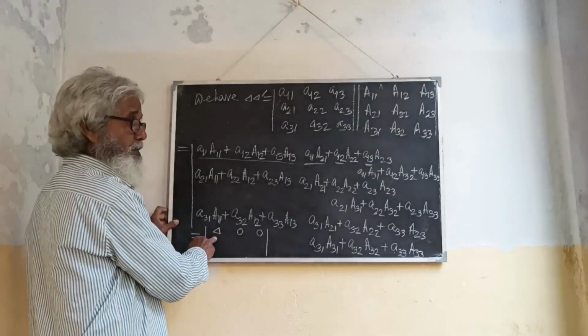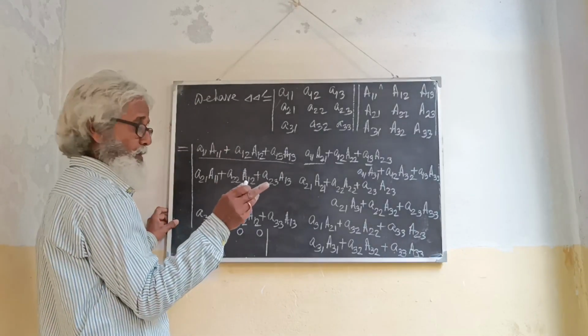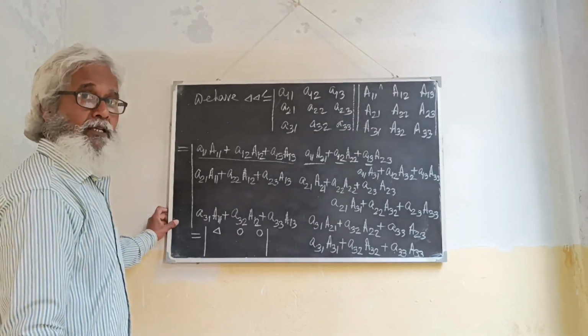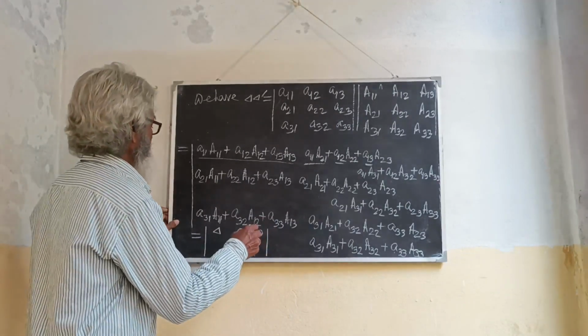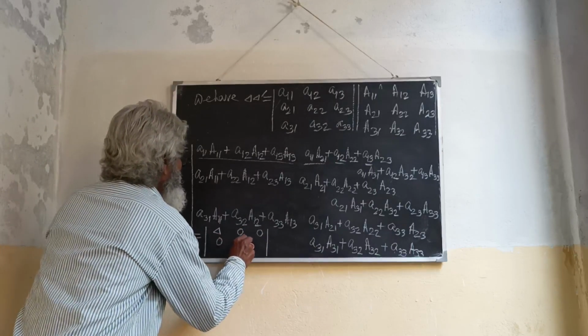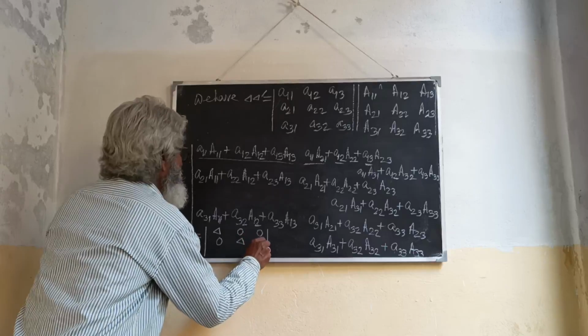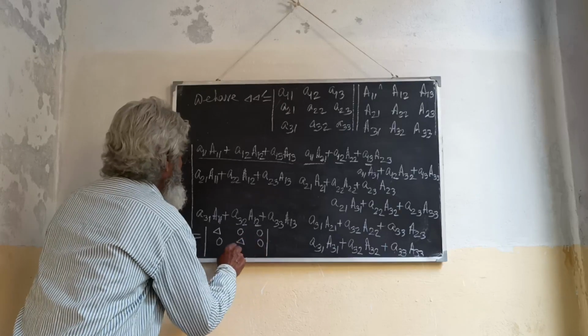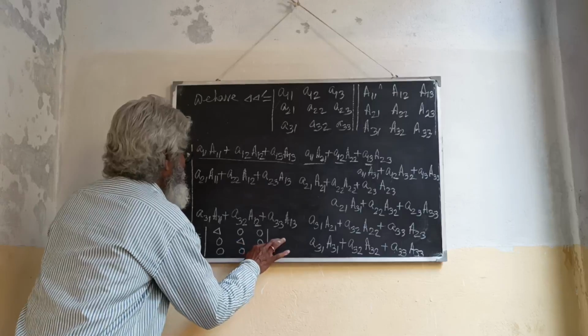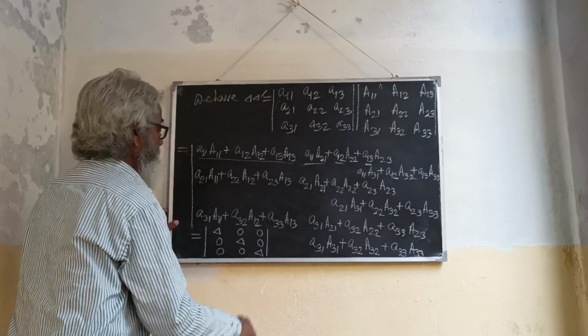This delta comes from property number 1 and these zeros from property number 2.